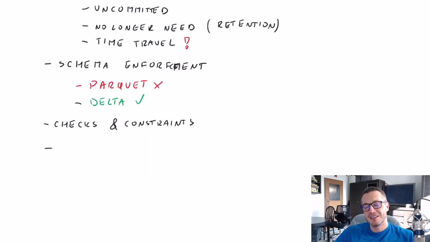So we know that Delta can enforce the schema, and it can detect cases when something doesn't match our schema. But sometimes we want to make changes to our schema because data changes over time. Business might change, our source data might change.